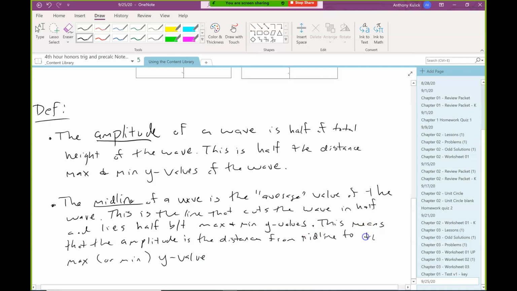Probably should have an article there, to the. And we'll draw a little picture here when we're done and illustrate what we mean by these things in our picture, okay? So far, so good?